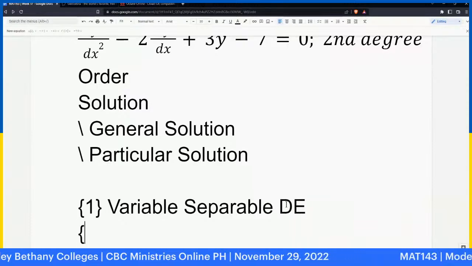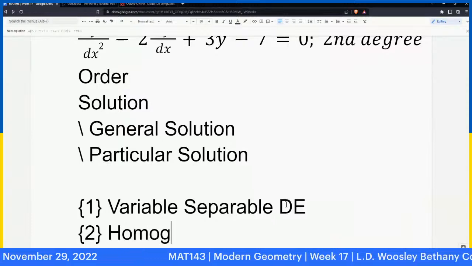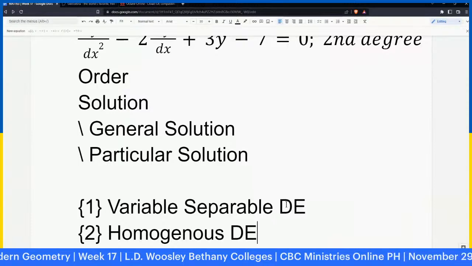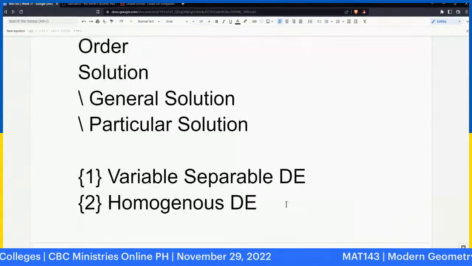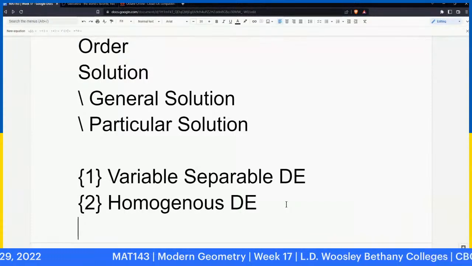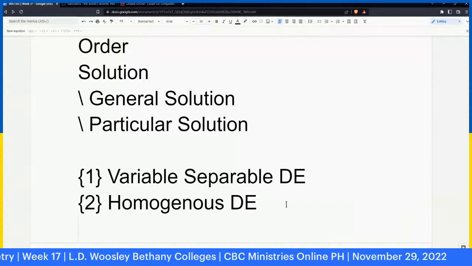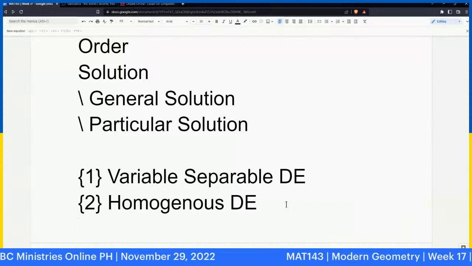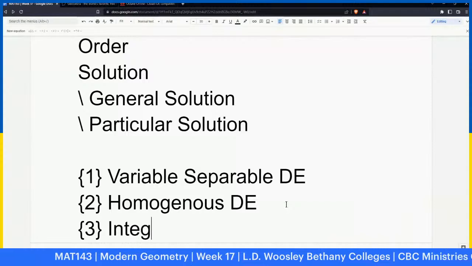Secondly, we have the homogeneous differential equation. I'll be defining it also. When you say homo, it means of the same order. They have the same order. Later I'll be explaining that in detail, but just to enumerate. Then we have integrating factors as another method.